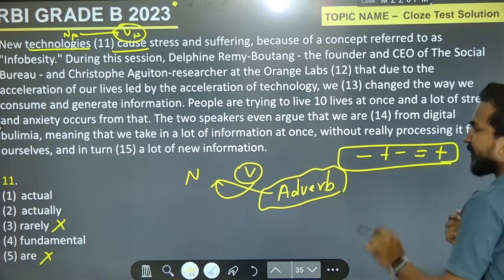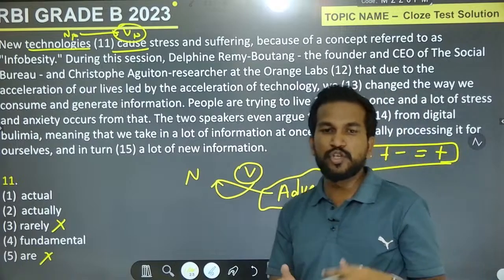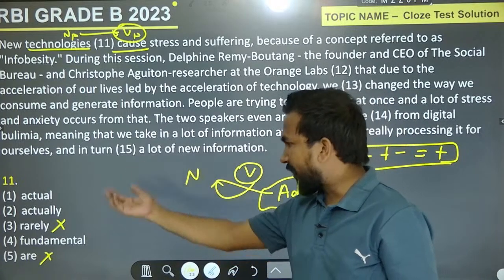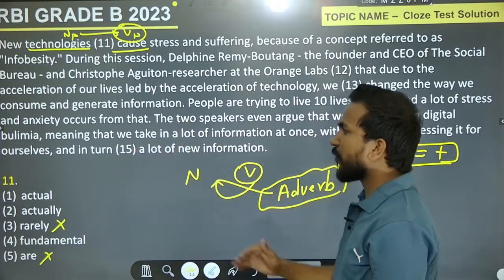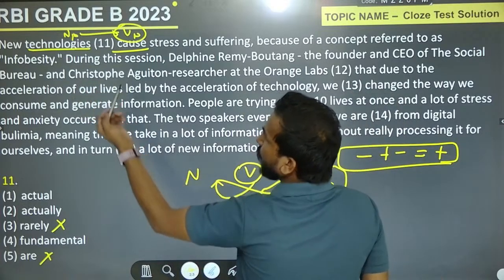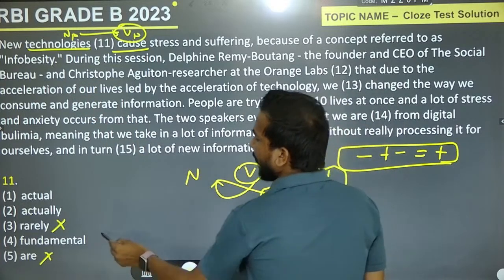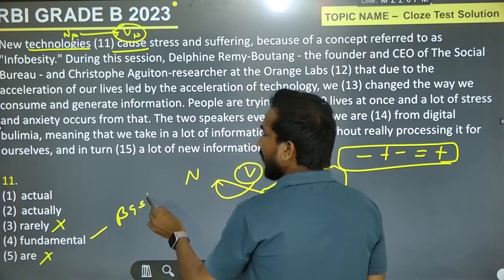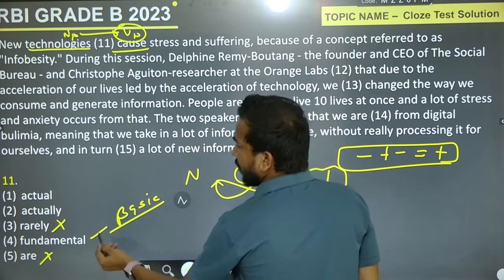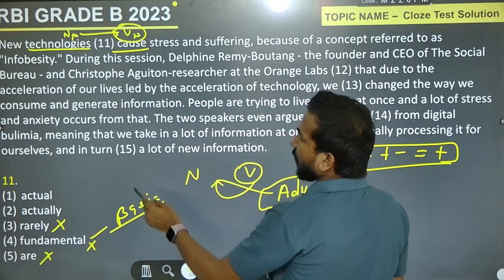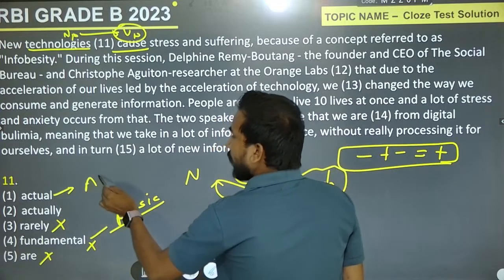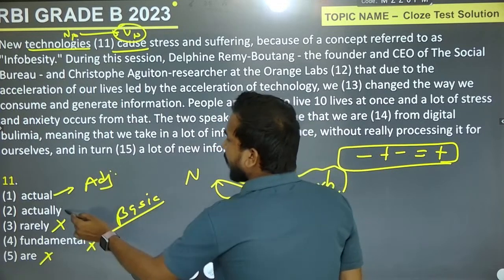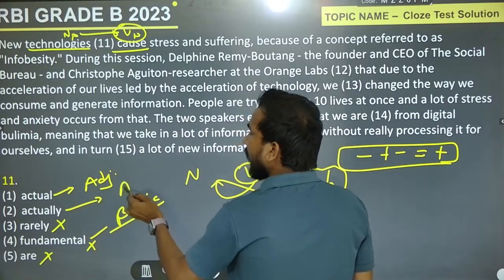You very well know the rule that we can't use not or a negative word with rarely. So it must not be the right answer. So is it new technologies fundamental? No sir. Fundamental is called basic. Or definitely yes, but there will be no proper word. So actual is an adjective, and actually is an adverb.